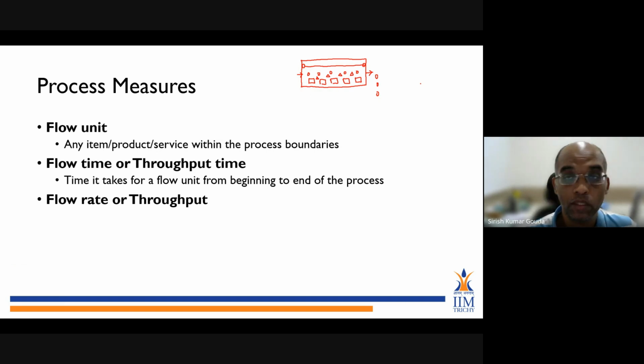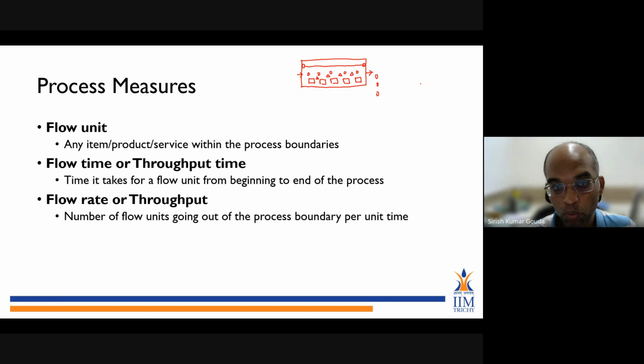Imagine if it is a bank, then it is going to be the total number of persons coming out per, let's say, an hour, per a day, per, let's say, a minute, depending upon the time that we are interested to look at. So flow rate or throughput is definitely going to be the total number of flow units coming out of the process boundaries, not what is going in. It is important for us to note that particular thing.